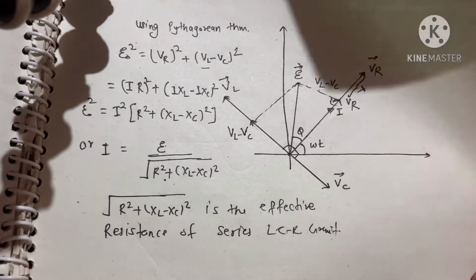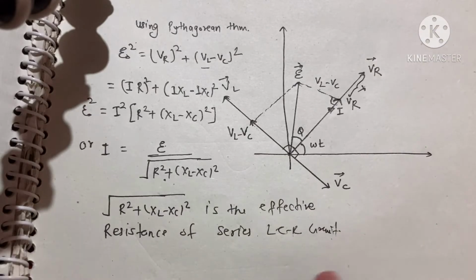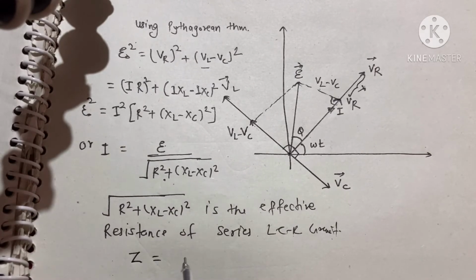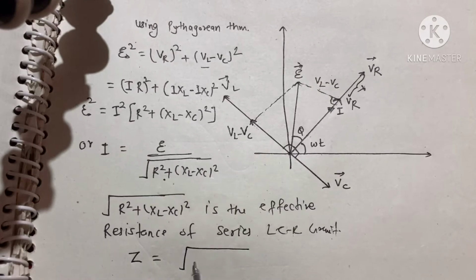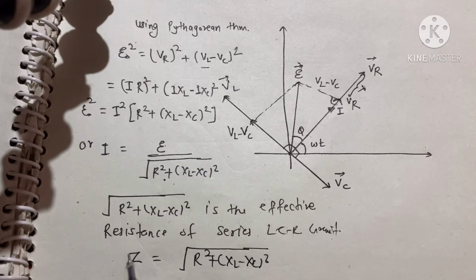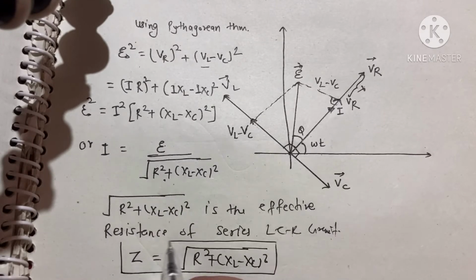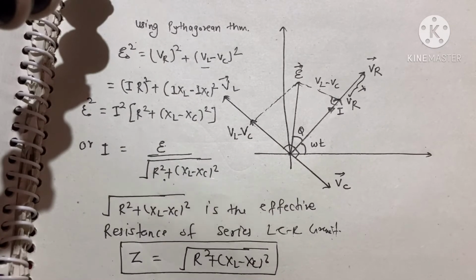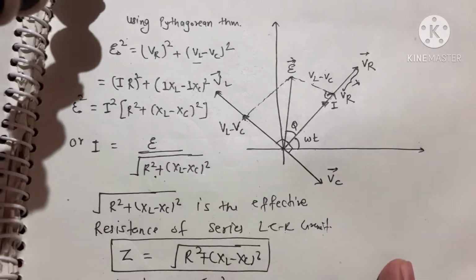Its unit is ohm only, because it offers resistance, and the letter for impedance is Z. So Z is equal to the square root of R squared plus (XL minus XC) the whole squared. The unit is ohm.